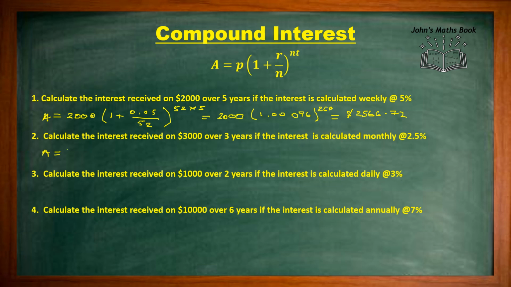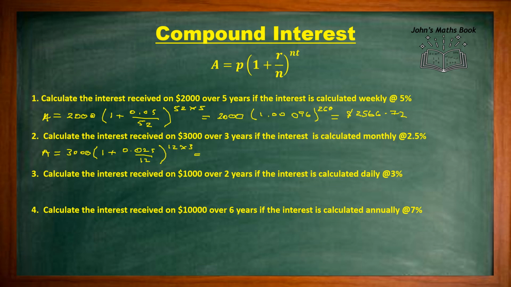The principal is 3,000 multiplied by 1 plus the interest rate of 2.5%, so as a decimal that is 0.025, divided by 12, because it's calculated monthly and there are 12 months in a year, to the power of 12, because n is 12, multiplied by 3, because it's 3 years.